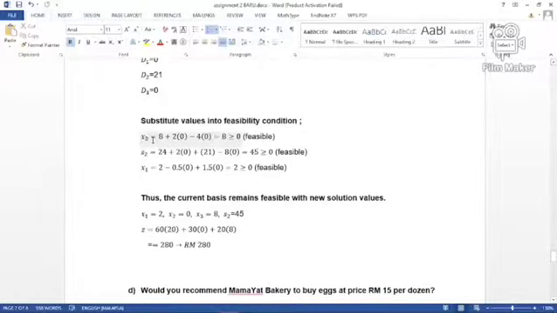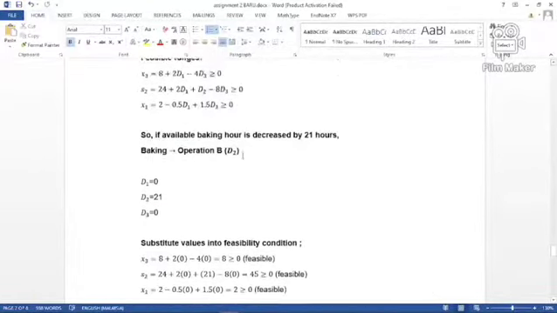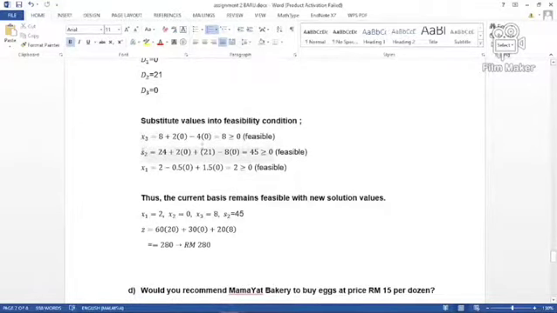So x3 is equal to 8 plus 2 times 0 minus 4 times 0, which is equal to 8, and 8 is bigger than 0. So the condition for constraint 1, the solution for operation A, is feasible. For operation B, S2 is equal to 24 plus 2 times 0 plus 21 minus 8 times 0, which is equal to 45, and 45 is bigger than 0, which means operation B is feasible.